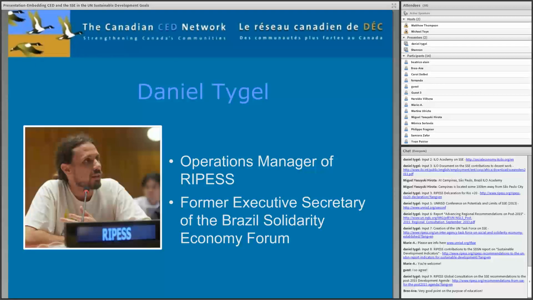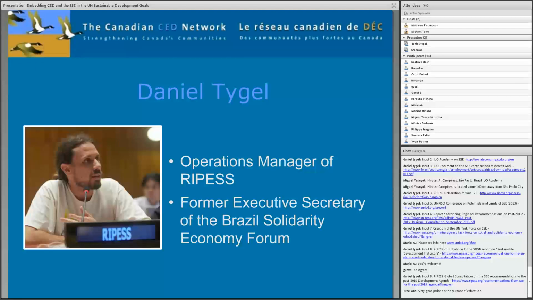It means it's not important for us to have the citation of social solidarity economy in the development goals. What we need is that the underlying framework of how development is thought is based on equality, justice, environment protection, the preservation of the commons, the liberty of going around the countries, etc.